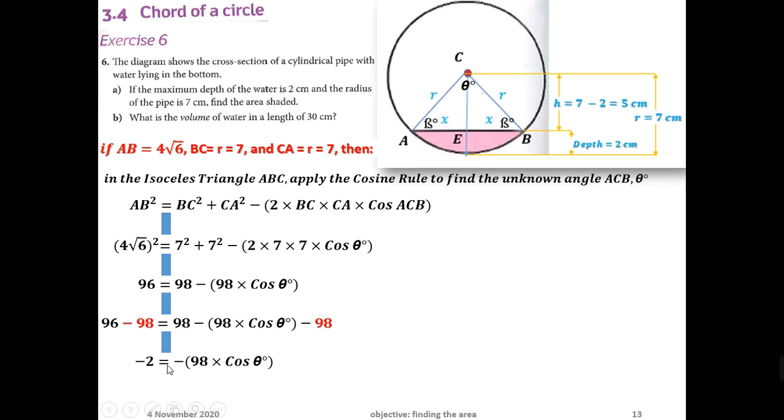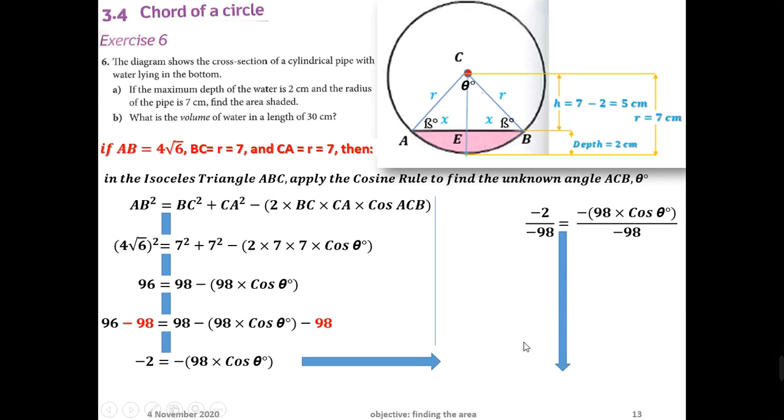So it's going to be minus 2 is equal to minus 98 times cosine of theta. Let's apply opposite operations as well. So we're going to divide each side of the equation by negative 98. The negative 98 is going to be cancelled with the negative 98 on the right. So it's going to be cosine of theta is equal to negative 2 over negative 98. But again, we are solving for theta.